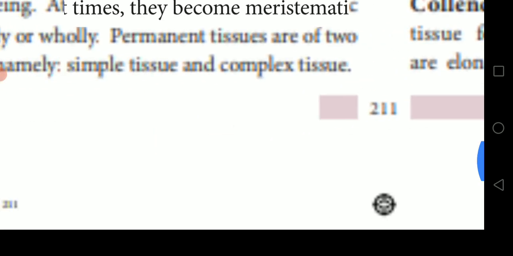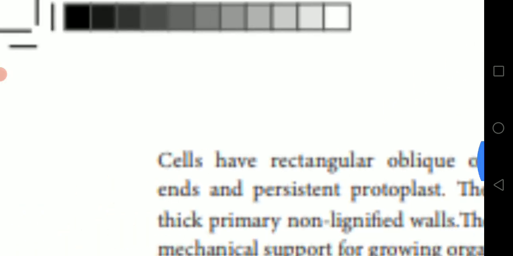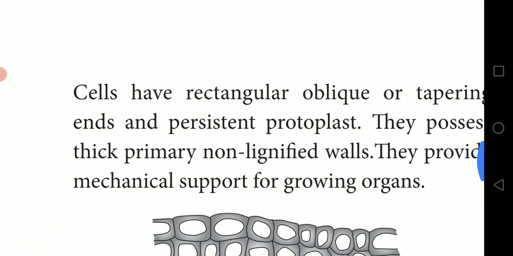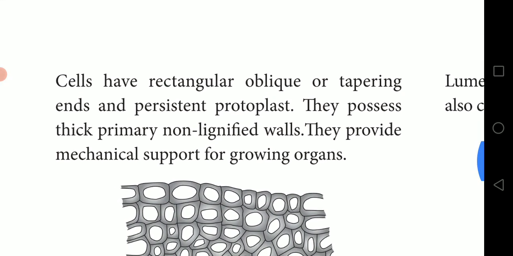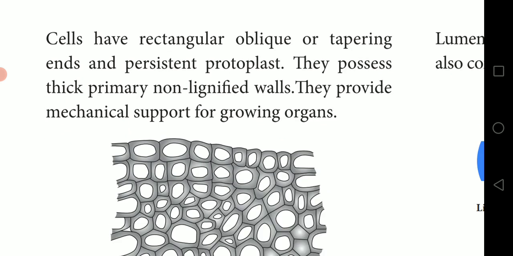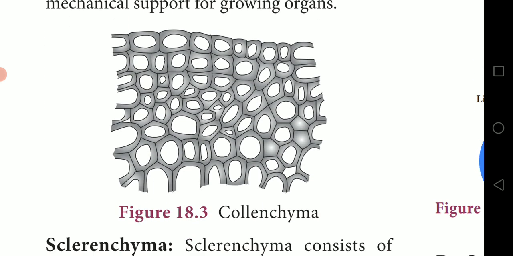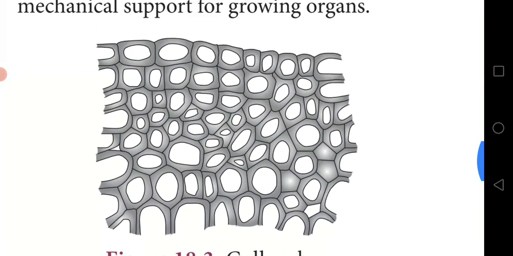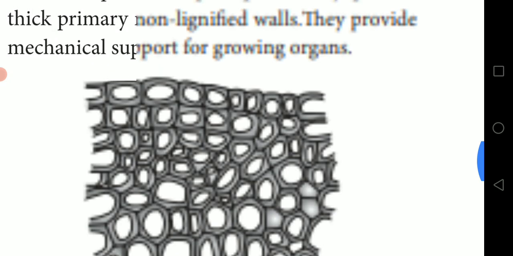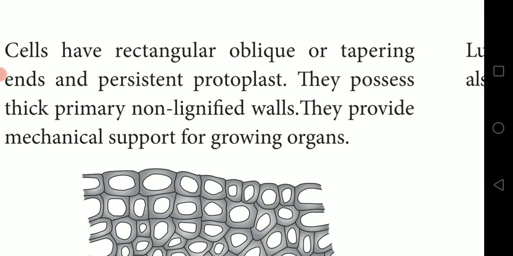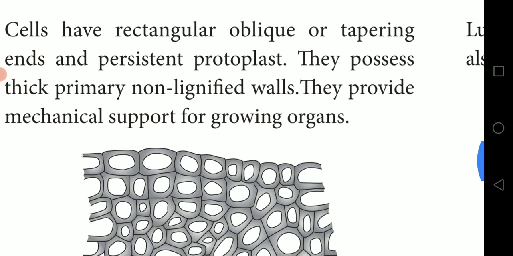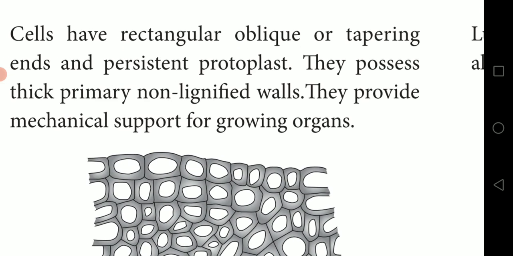The next one is the continuation of collenchyma. The cells have rectangular, oblique or tapering ends. This is what we call collenchyma. This is the structure of collenchyma. The cells have rectangular, oblique or tapering ends and persistent protoplast.